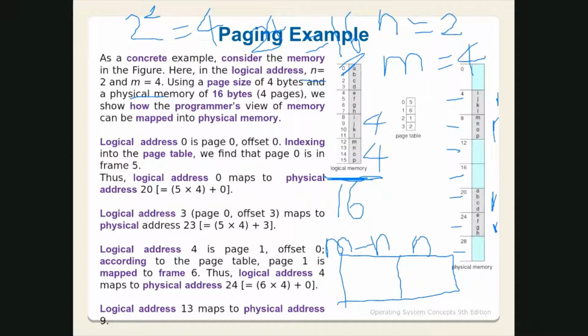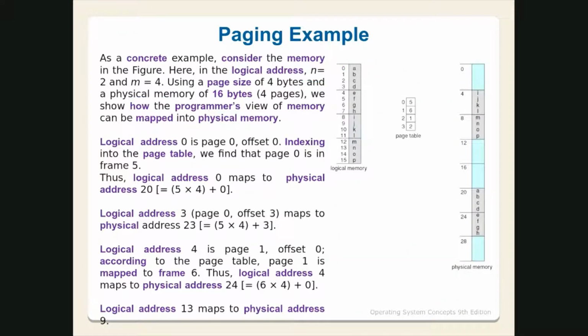So n bits means 2 bits are for the offset, and m minus n, 4 minus 2, is another 2 bits to refer to the page number. In the previous slide I mentioned the logical address. So this is the idea. Let's see how it works.